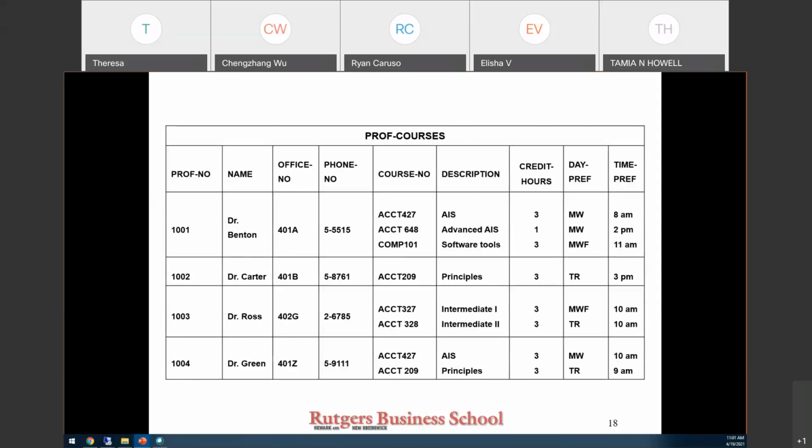These 4 tables are the professor information table, office table, courses table, and time preference table.